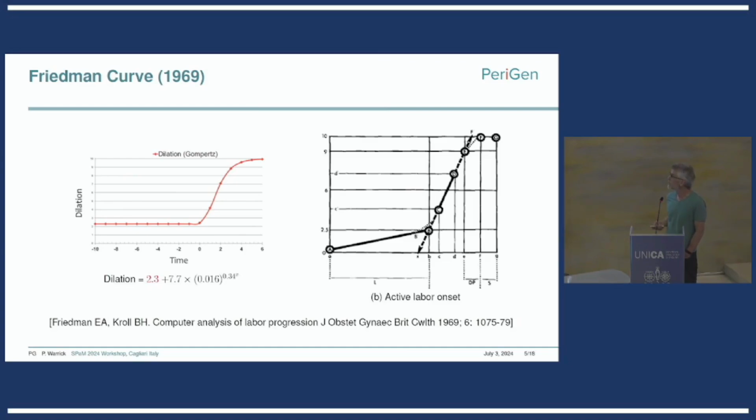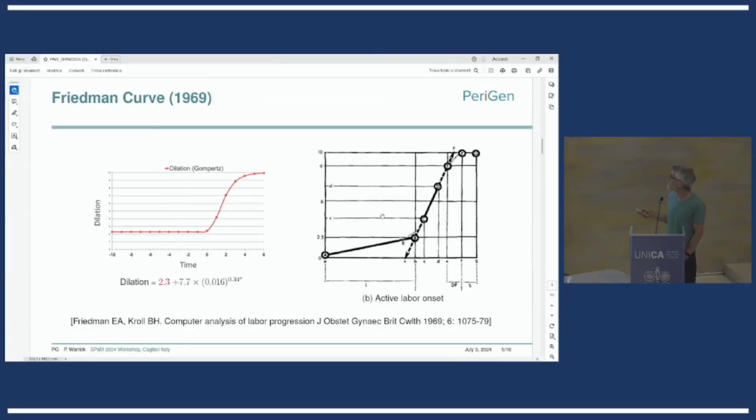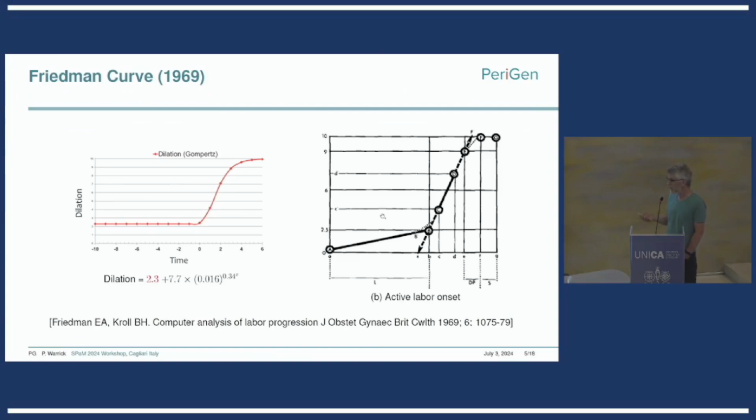Basically, he took several hundred cases, or moving into 1,000 cases, and he played with this curve here, which is a fixed curve. There's a beginning latent phase until time 0, and time 0 is defined as the beginning of the active phase, and the active phase follows this exponential function at that 2.3 baseline, which is the 2.3 centimeter level.